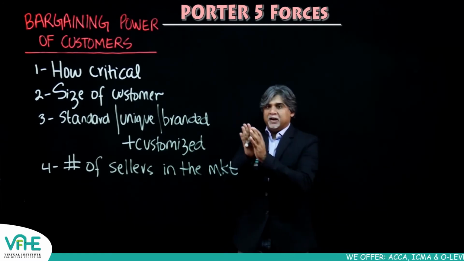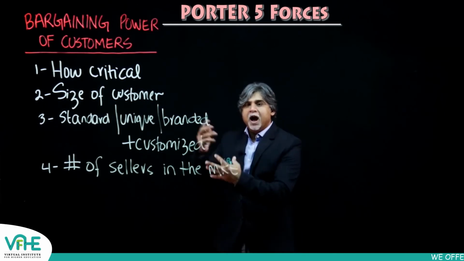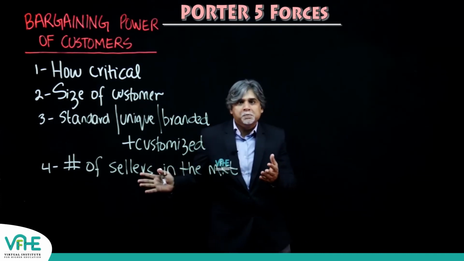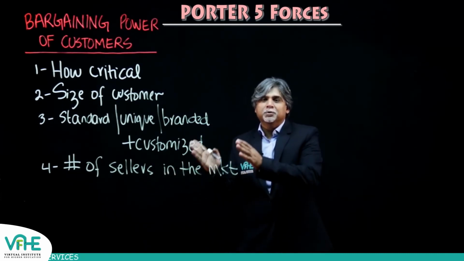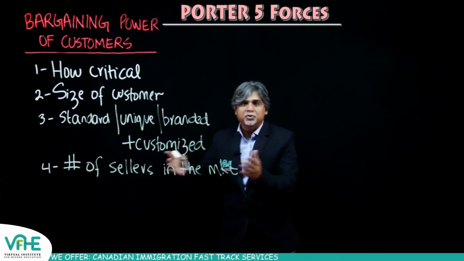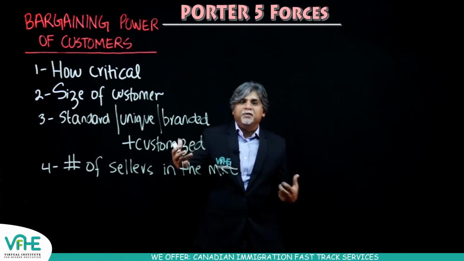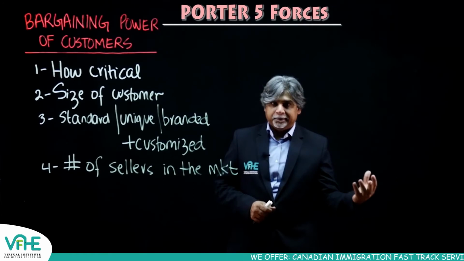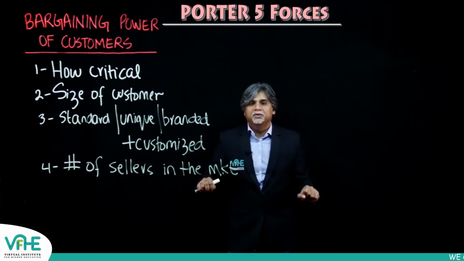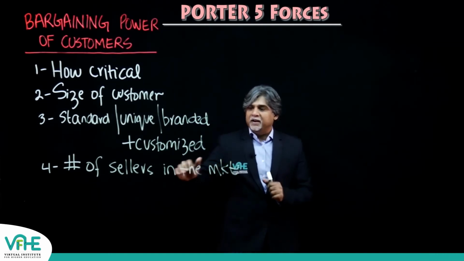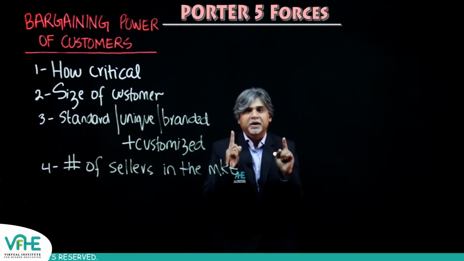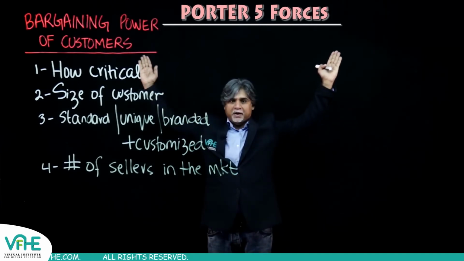I can go to seller A, and if he is asking a higher price or is being arrogant or difficult, I simply move to seller B, and then seller C, and then seller D, and maybe I try to negotiate with all of them, and whoever gives me the best deal, I buy. This is only possible if there are many sellers available to the customer. So whenever the number of sellers is high, customers' bargaining power will be higher.